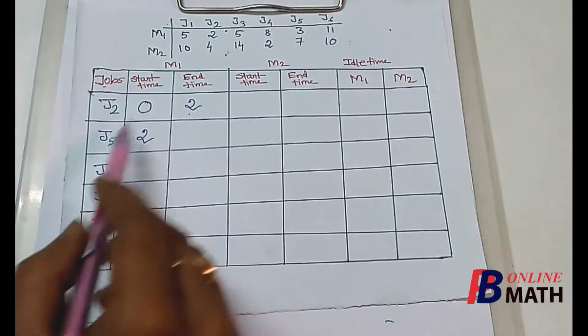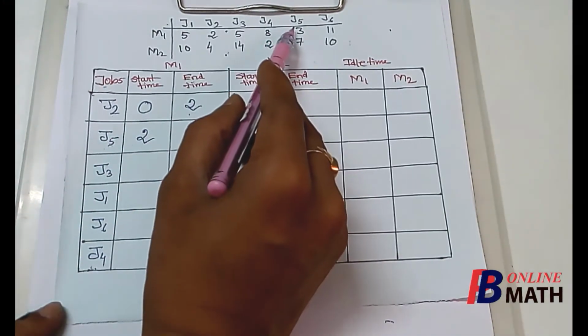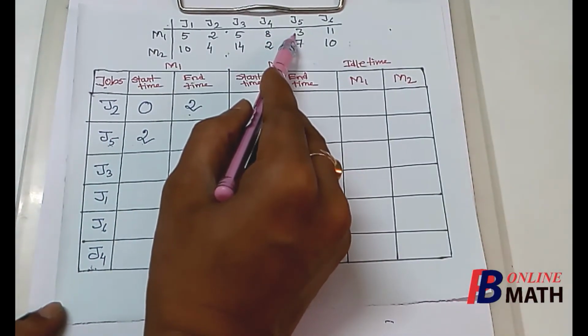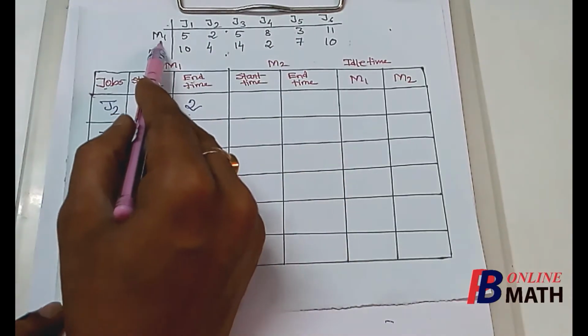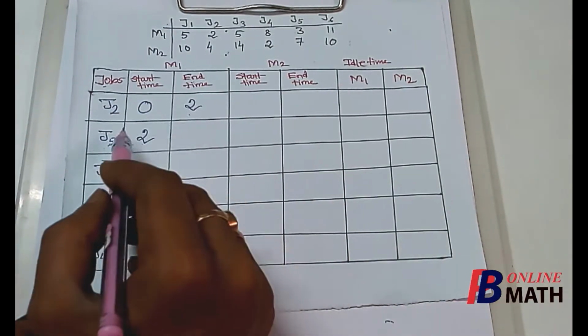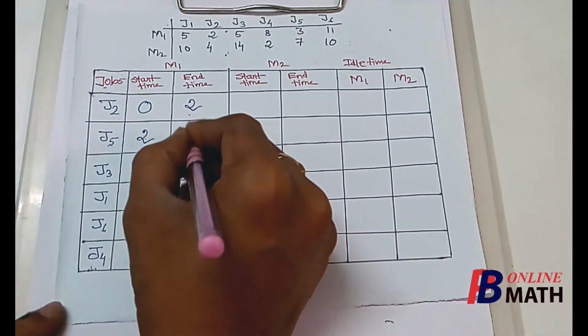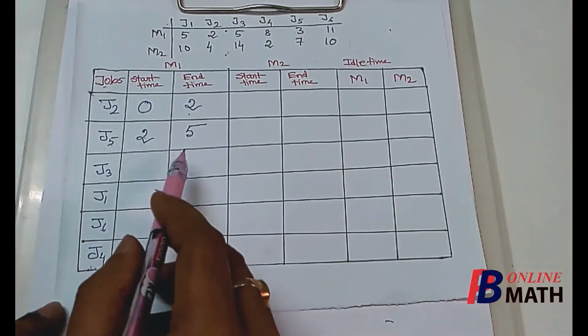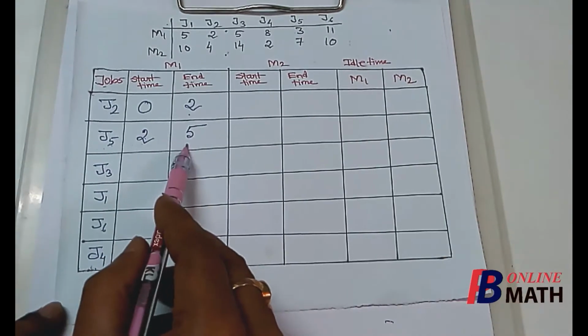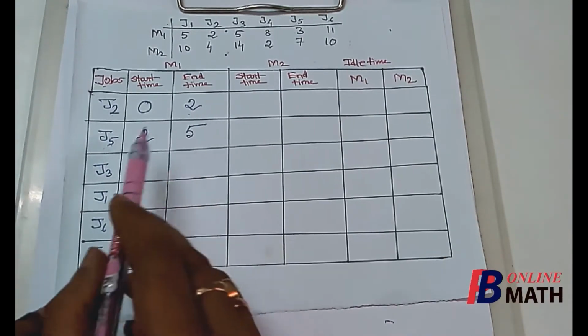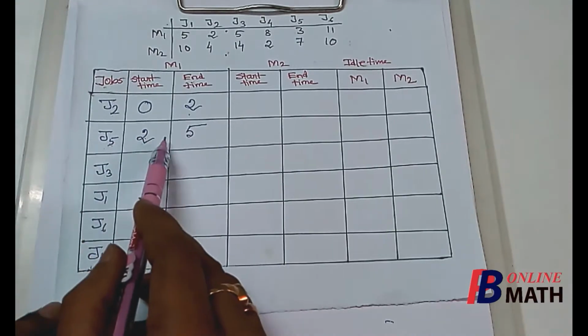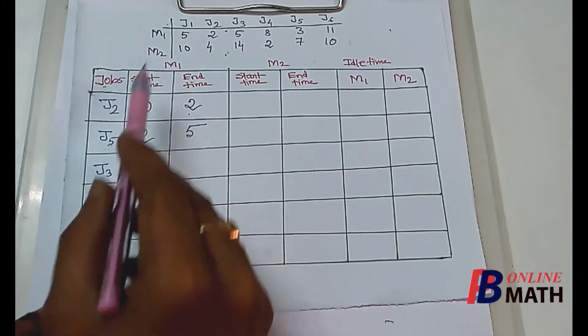Job J5 takes 3 units of time to process on machine M1, so the end time for this job will be 2 plus 3, that is 5.